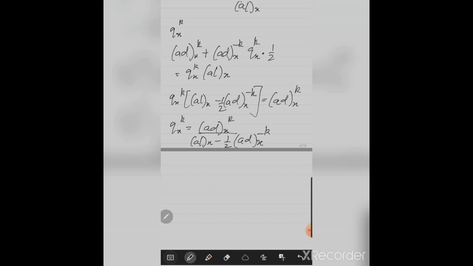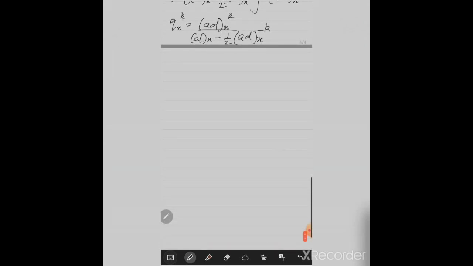So if I'm talking about three decrements, and these are alpha, beta, gamma, I can get qx because of alpha, which is nothing but ad x because of alpha, divided by al x minus half ad x because of beta, minus half ad x because of gamma.